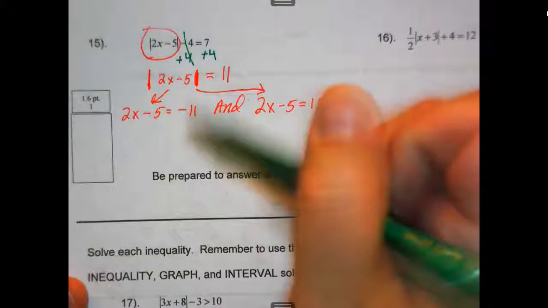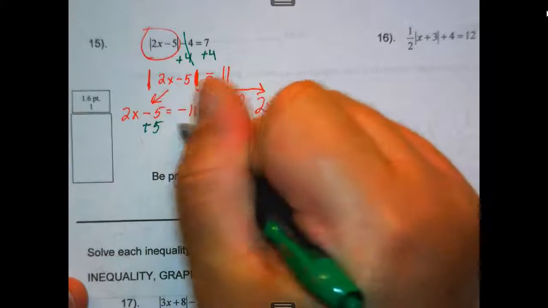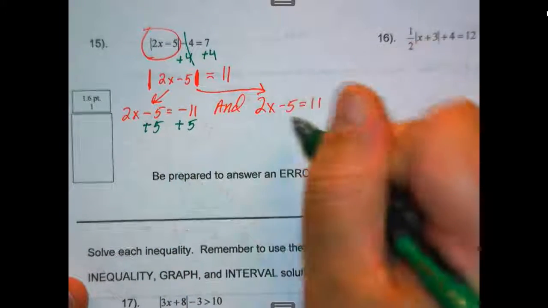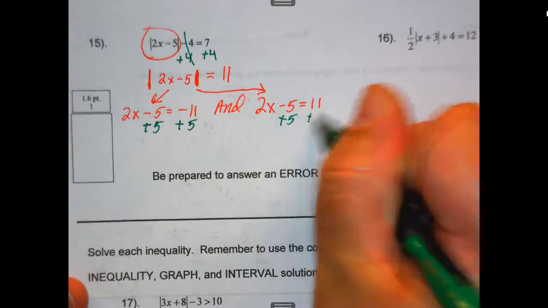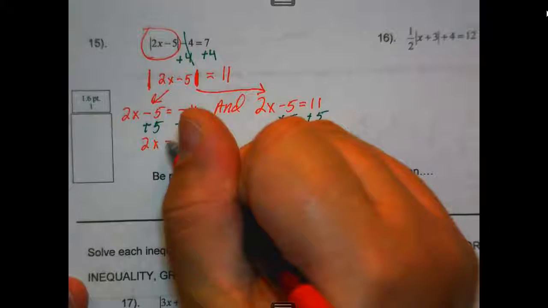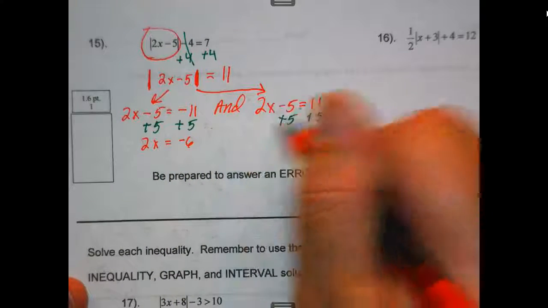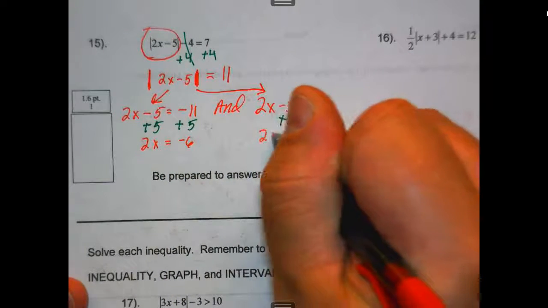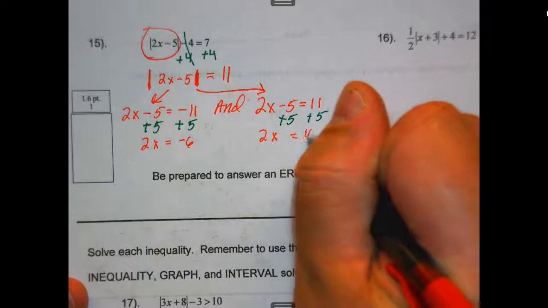Okay, I'm going to add 5. So I get 2x equals negative 6, and or 2x equals 16.